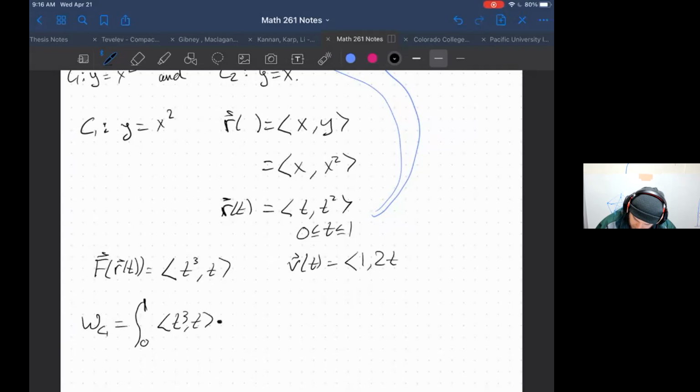We get 1 comma 2t. So we're taking our vector field f and dotting it with v of t. Overall, we get the integral from 0 to 1 of t cubed times 1 plus t times 2t.